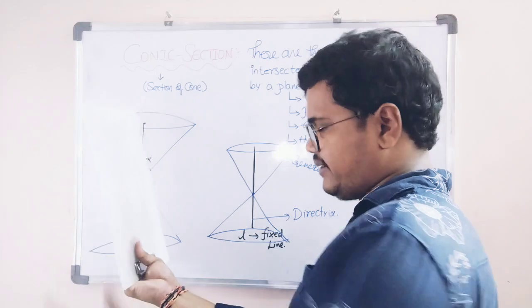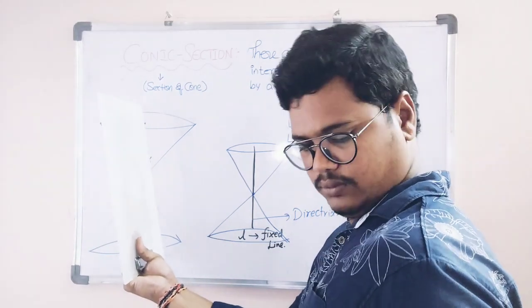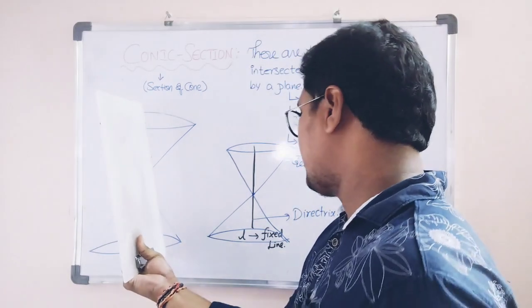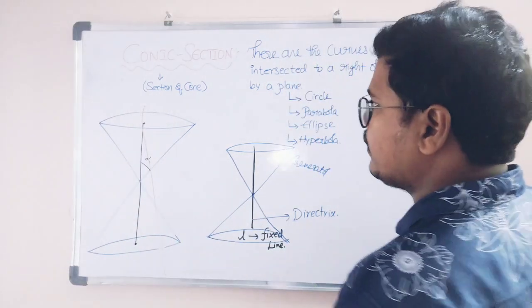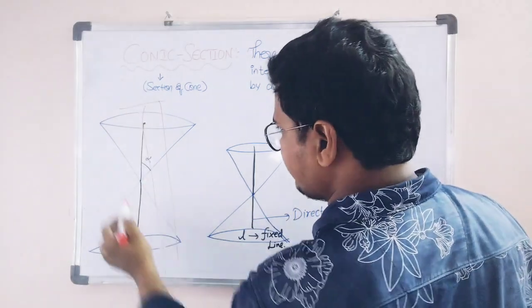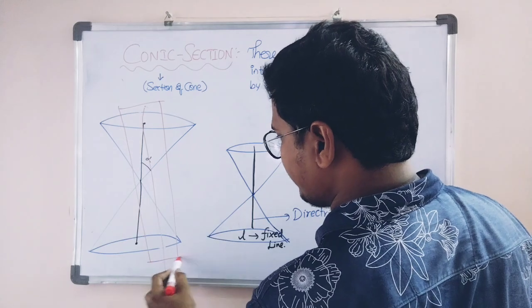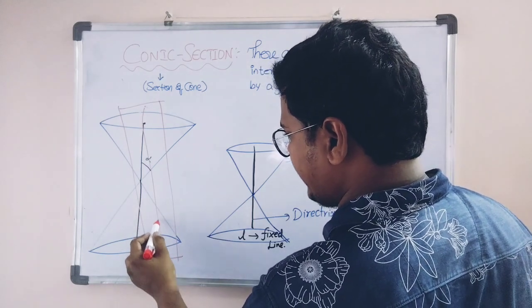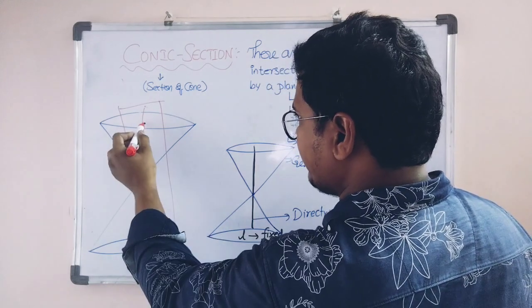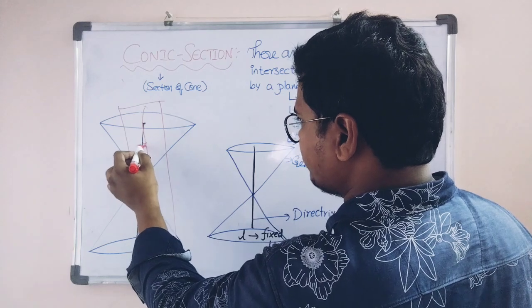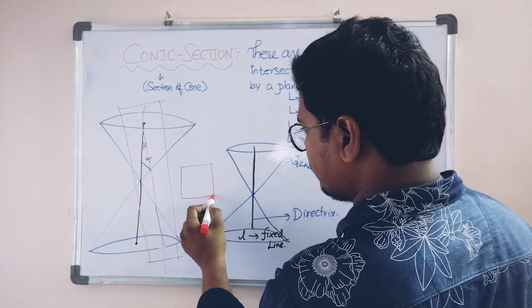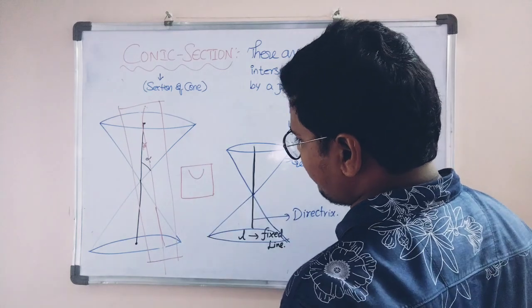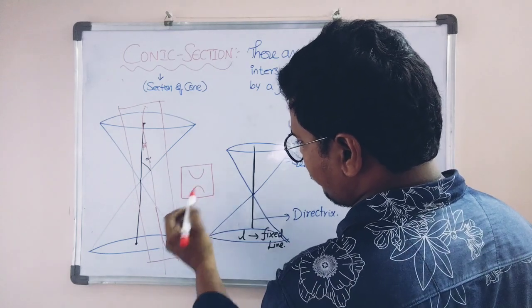The plane which cuts this part, position it carefully. Whenever it cuts this position here, where it makes an angle beta, it forms one U shape in the upper nappe and another U shape in the lower nappe.